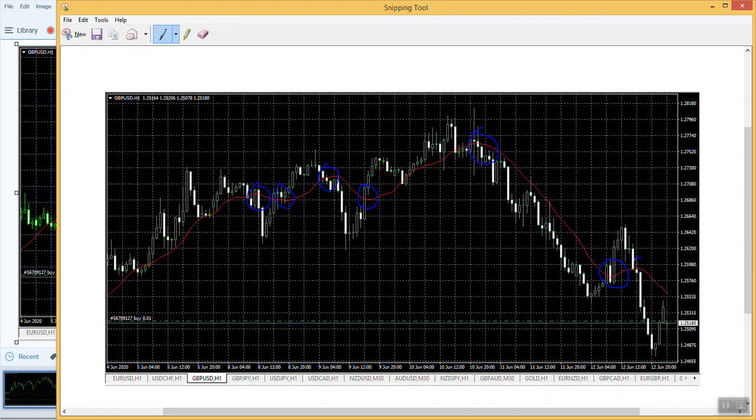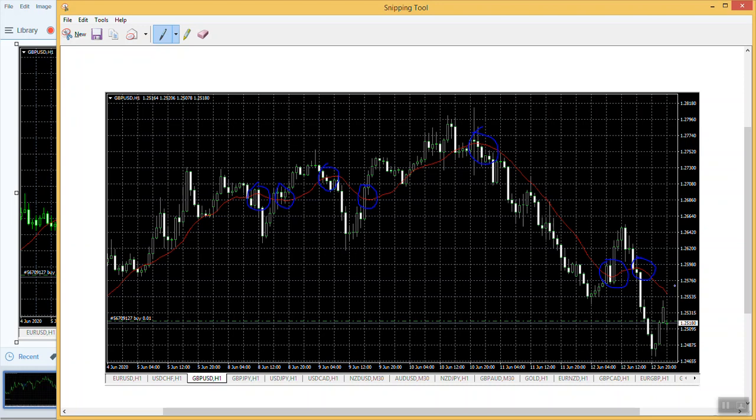The next is here, it crossed from above to below the red line, so here we sell. So now we're going to be waiting for the next crossing in order to take a decision. Having studied three different currencies with this moving average indicator, by now you should be able to learn how to use the moving average indicator.